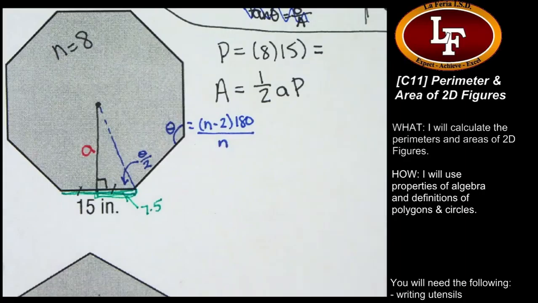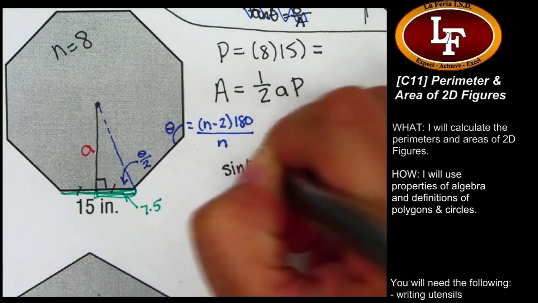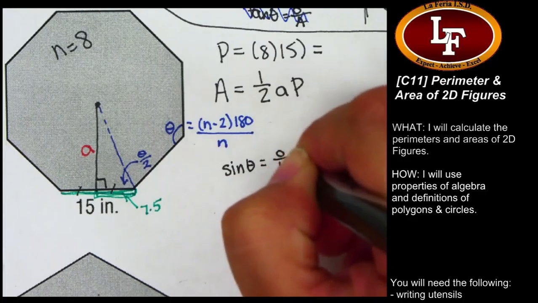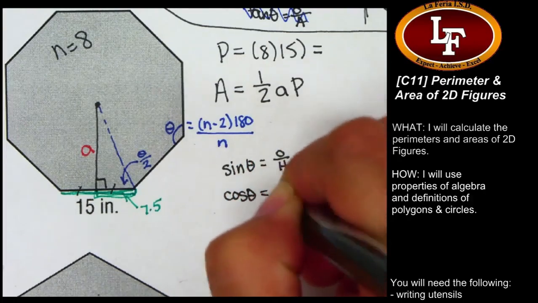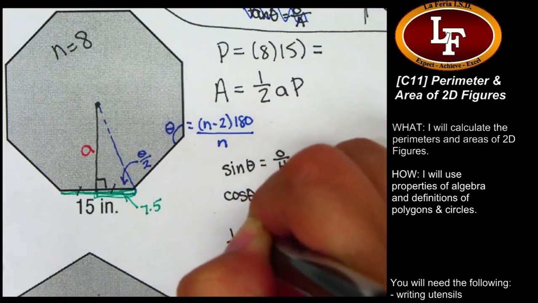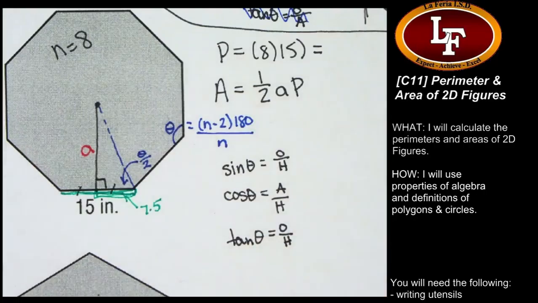Now let's look at our trig functions once again and decide which one can be of use. Here are the 3 trig functions: sine, cosine, and tangent. Looking at this particular right triangle, I noticed something.